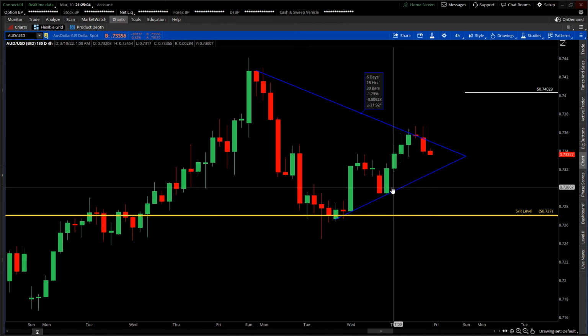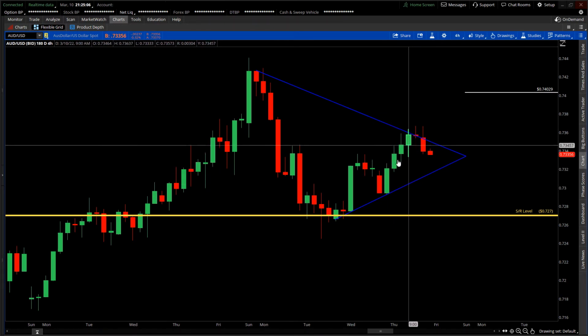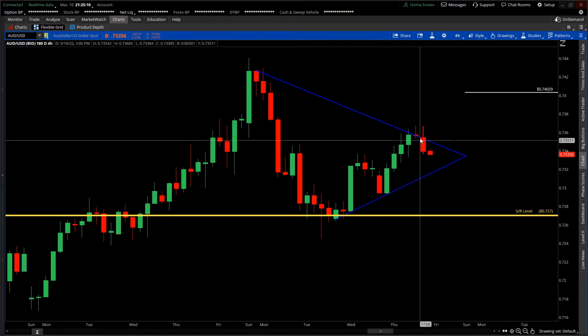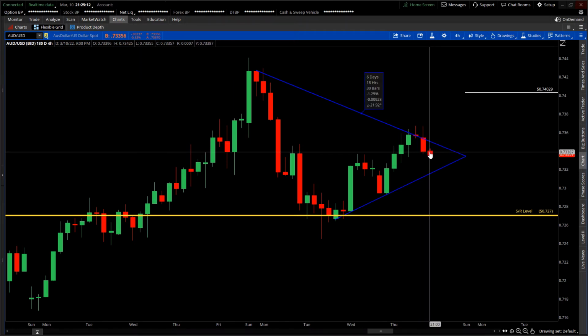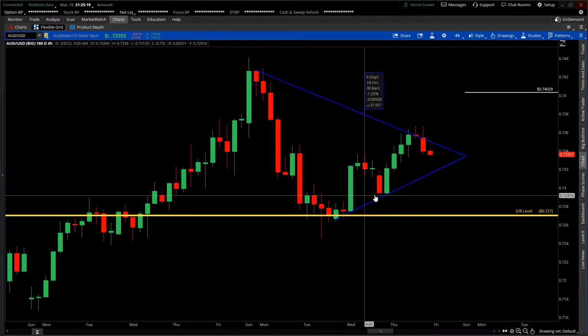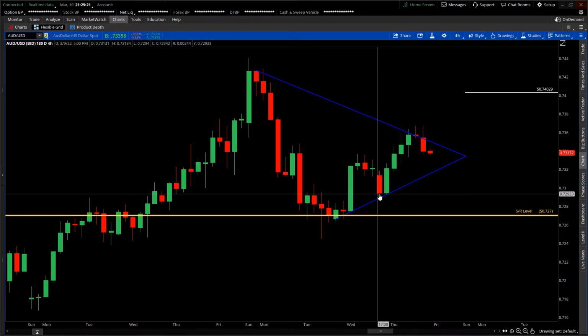It was at this point where I did take a trade towards the upside, and I exited as price was fading towards the downside. So that's where this pattern is currently.